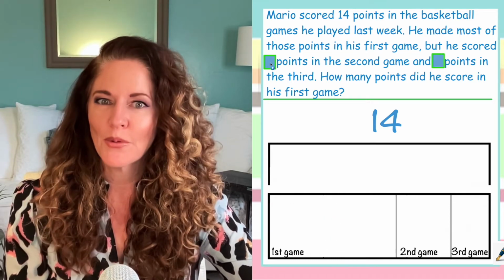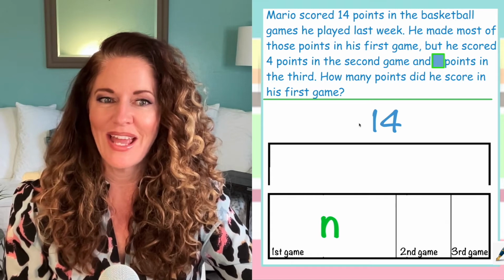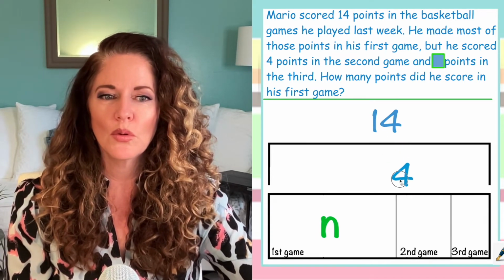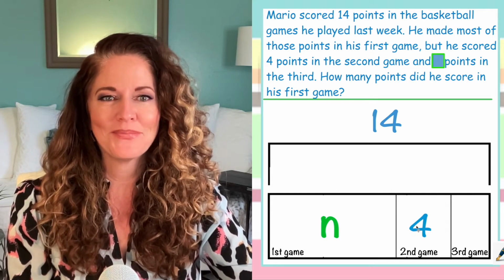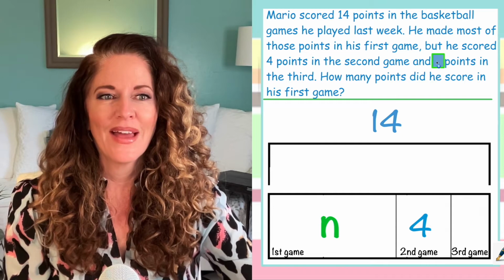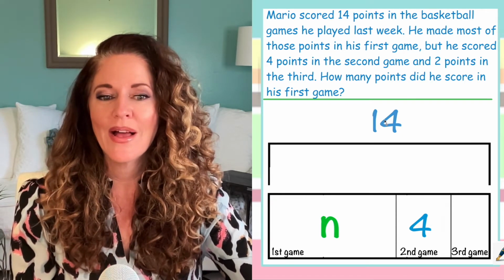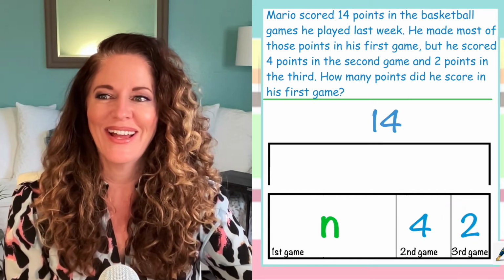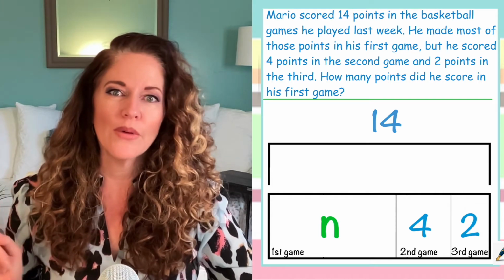So go ahead and pull out your unknown. He also scored 4 points in the second game. So from those 14, we are going to pull out 4 points. You do the same thing. And how many points did he score in the third game? 2. So we're going to pull down 2 points. Okay. Now, we've got our model ready.